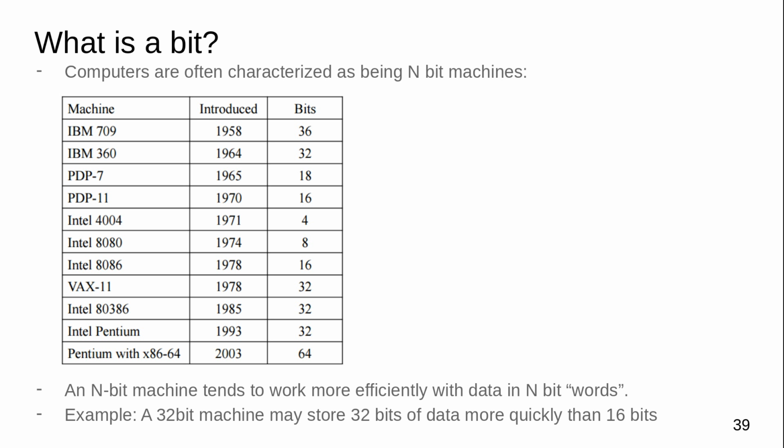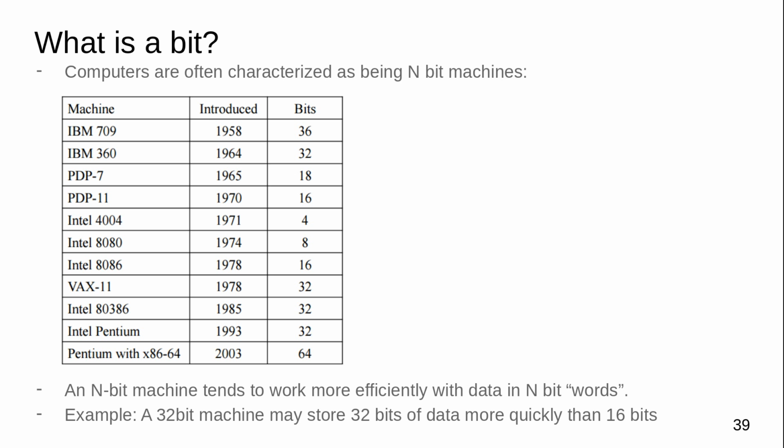And what it means when you have an n-bit machine, and this is a super generalization, is that an n-bit machine tends to work more efficiently with data in n-bit words. So it's really good at dealing with data n bits at a time. An example is a 32-bit machine may store 32 bits of data more quickly than it would store 16 bits.